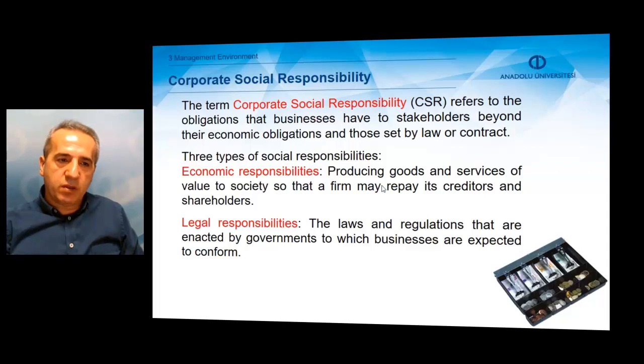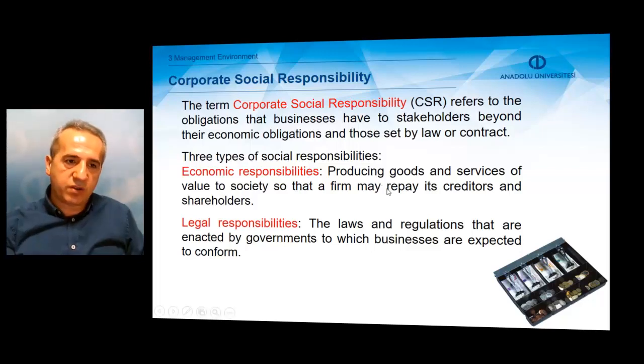There are four types; it's written as three mistakenly, but there are four types of social responsibility in businesses. It's a kind of hierarchy, right? From the mandatory to voluntary.